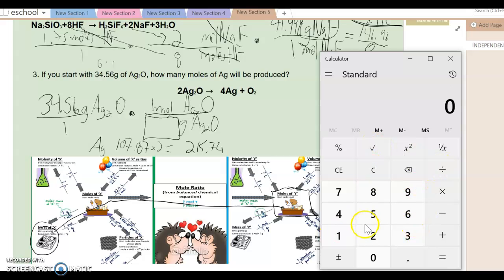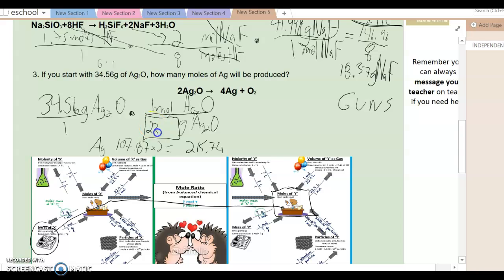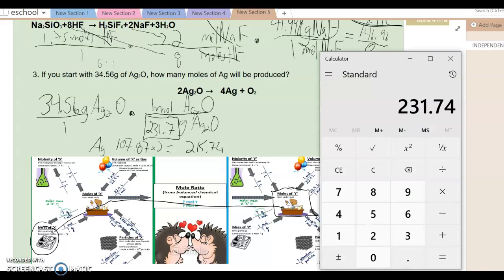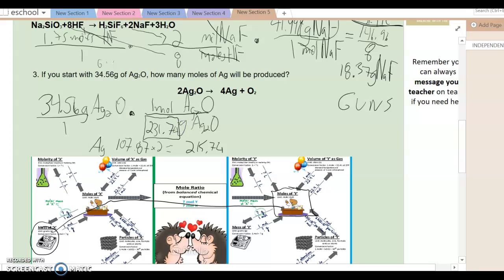I'm making a mess of this. 16. 231.74. Great. So now I just got to this step right here.